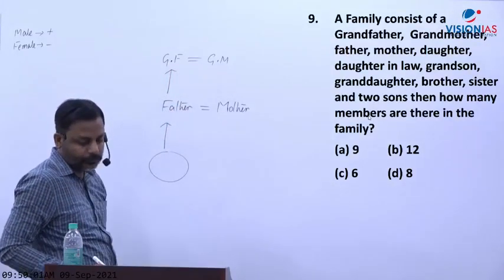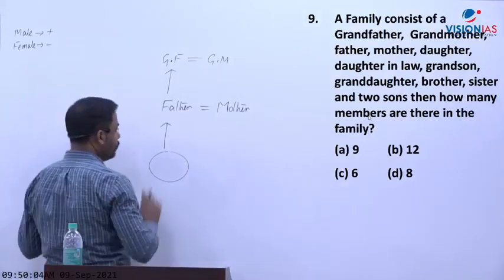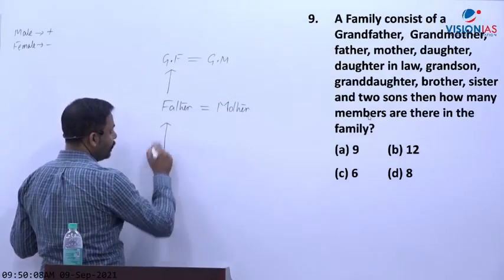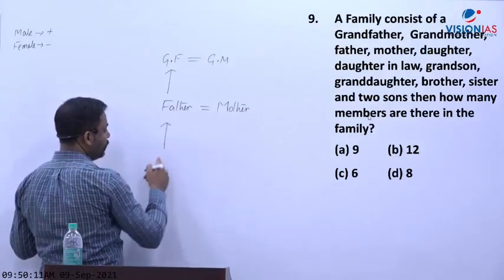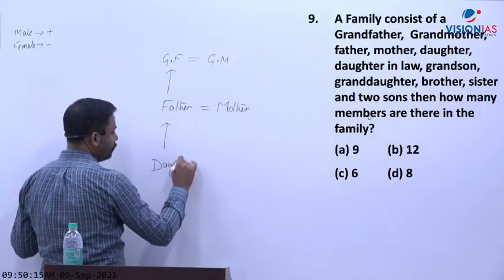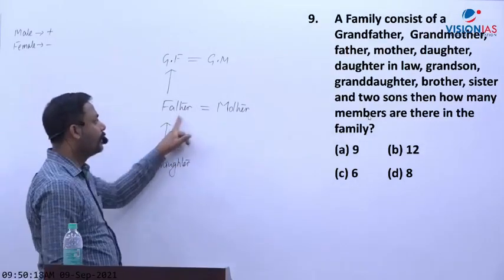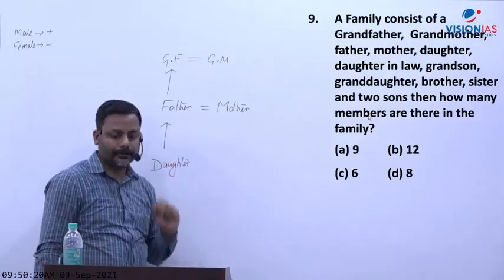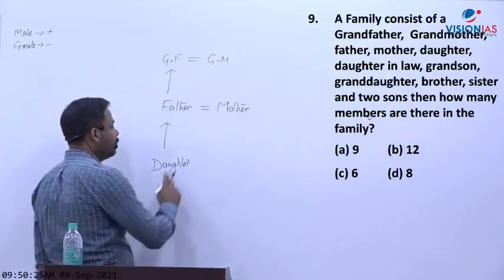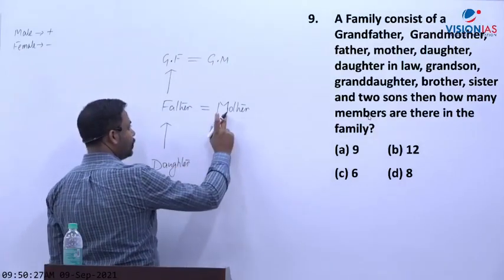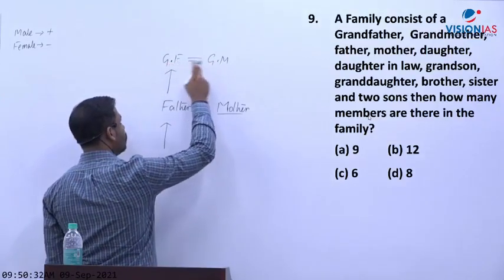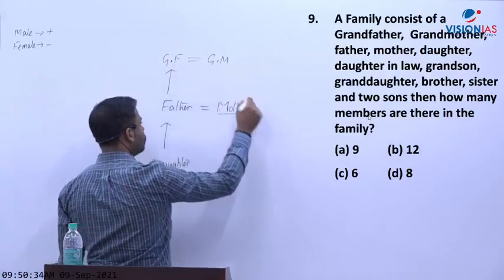Now, daughter and daughter-in-law. If we consider this person as female, then for the father and mother, this particular girl will be daughter. And daughter-in-law: the son's wife, this lady, is daughter-in-law for grandfather and grandmother.